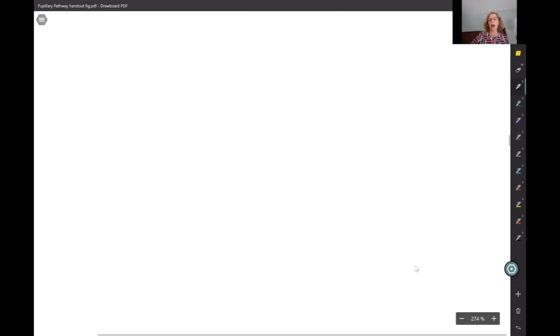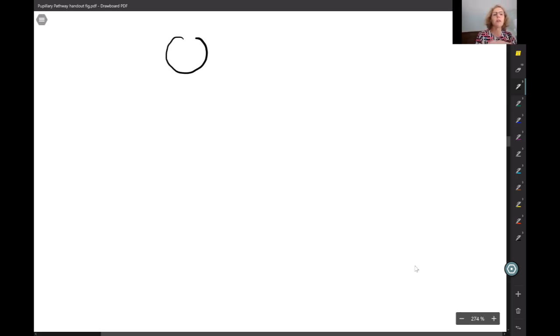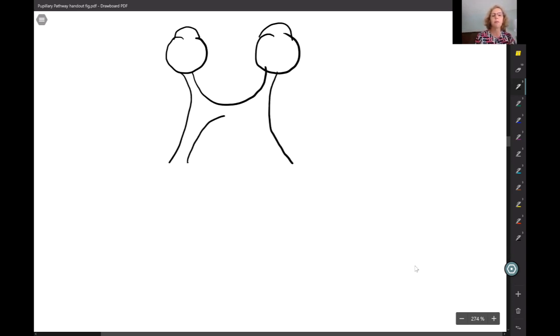Now, to draw out the near response, we're going to need to draw the rest of the brain. So we're going to, again, start with the anterior visual pathway, which we were drawing previously. And we've got our lateral geniculate nuclei.